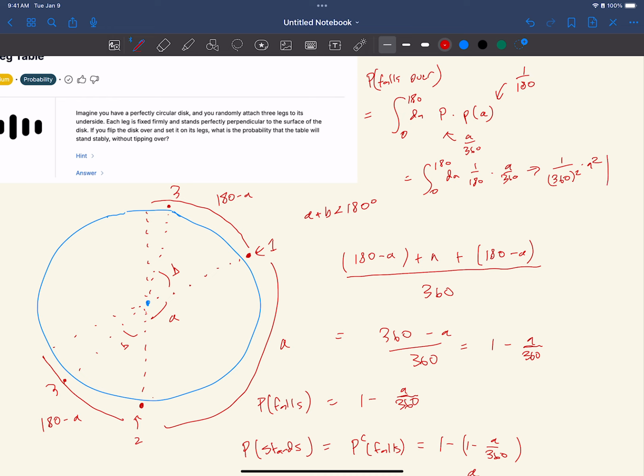And we plug in our bounds of integration, which just gives us 1/4. And so that's it. That's the final answer.